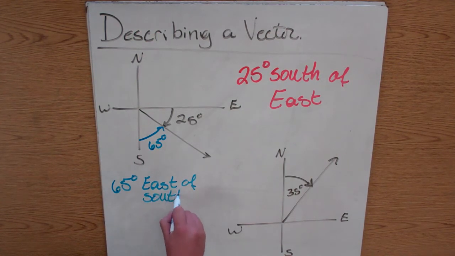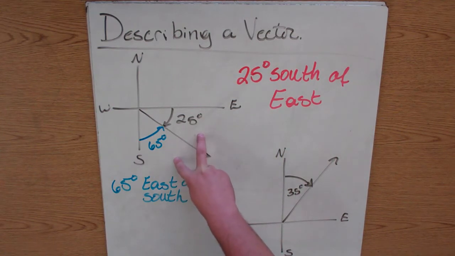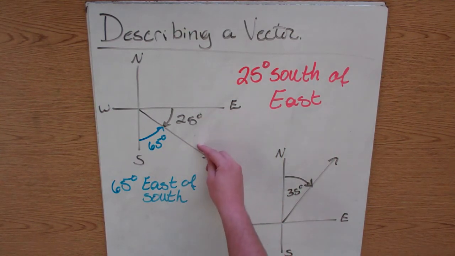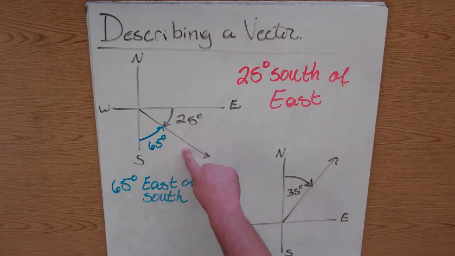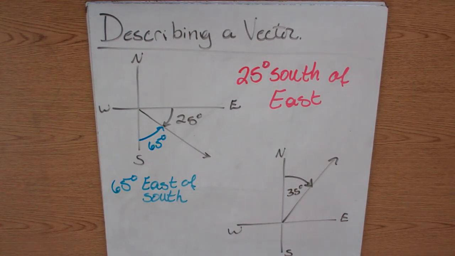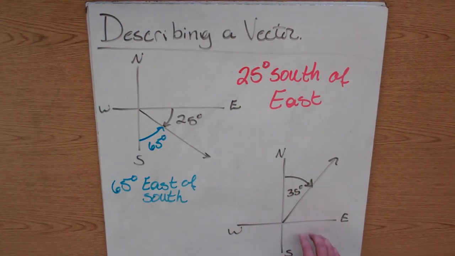You see the difference? It all depends on where your angle is. If you're coming down from east, it's south of east. If you're coming up from south, it's east of south. So, pause the video, take a few seconds, see if you can figure out the correct naming for this angle.